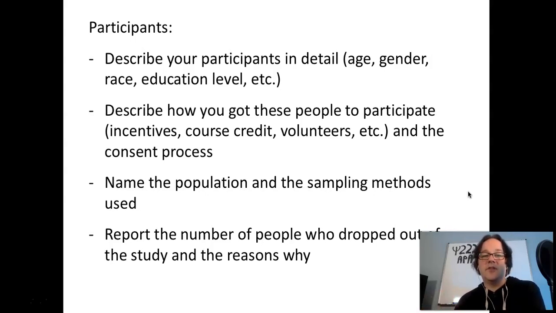So you need to report that those people dropped out of the study because they died, right? Or some other people might drop out of a study because they move or because they just no longer wanted to participate.